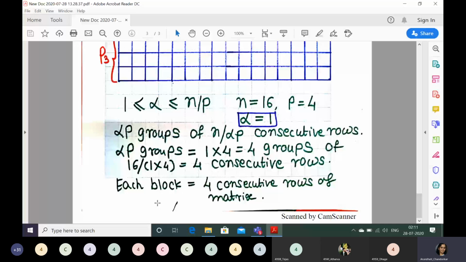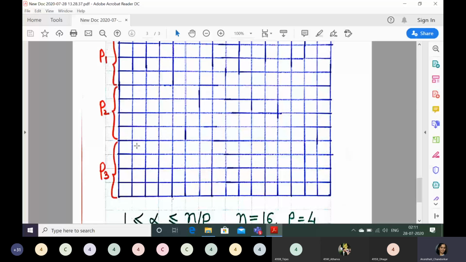No question of wraparound or round robin. So it is a block. Pure block. In pure block, we don't do round robin, we don't wrap around. So this is the very first mapping technique we had learned, under static: static array and block. So this completes the 3 major types and the difference.